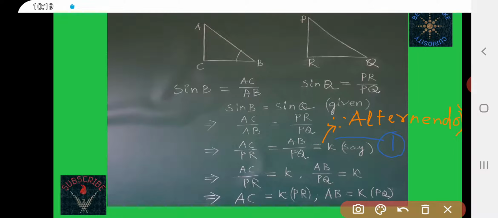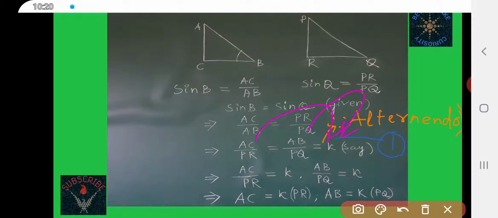So here we got AC by PR is equal to AB by PQ is equal to K. You assume K. Then AC by PR is equal to K, and we can write AB by PQ is equal to K separately.